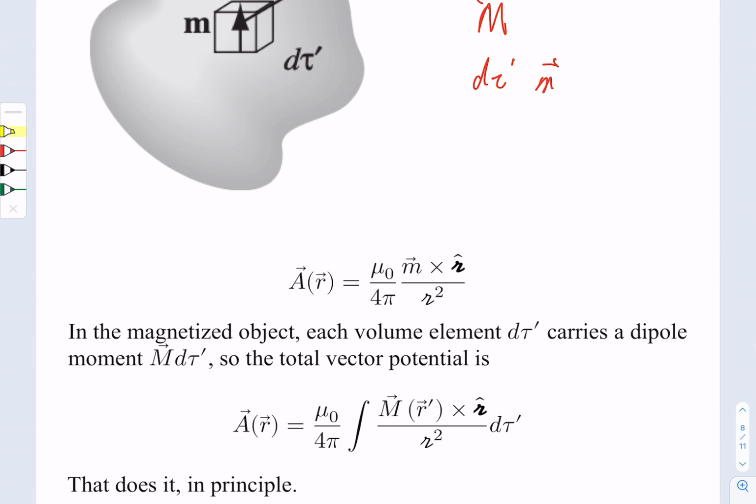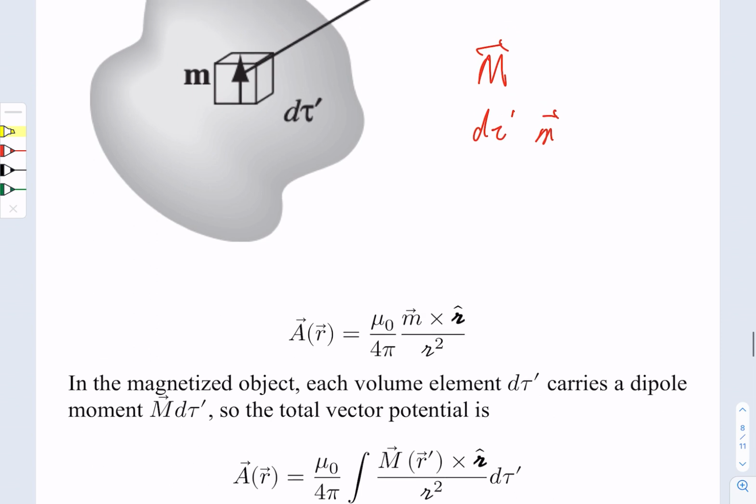Now, if you want to get the entire magnetized object's vector potential, you simply integrate this expression over the object.